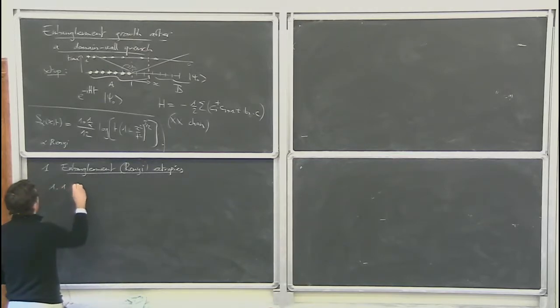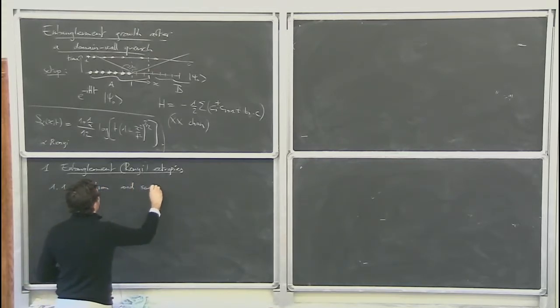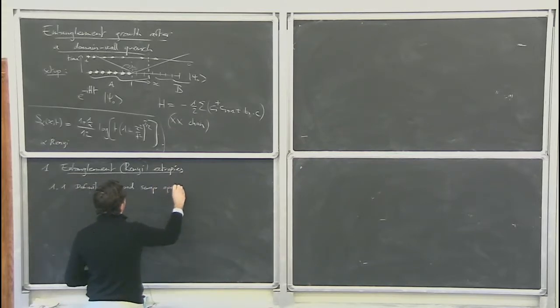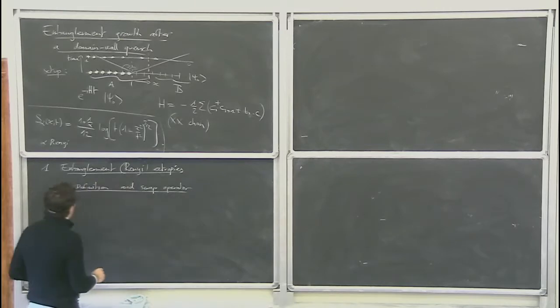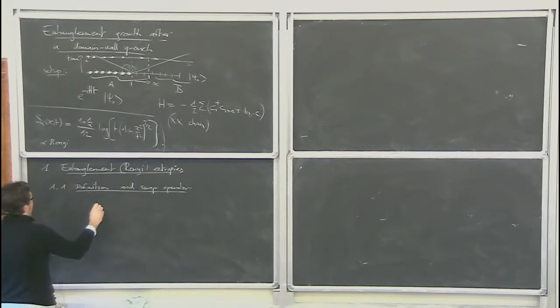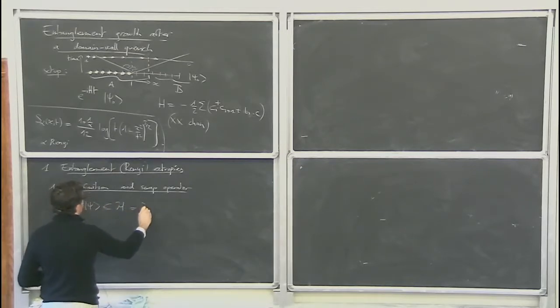So, definition and swap operator. So imagine that we have a state that lives in a Hilbert space, and we have a certain bipartition for this Hilbert space.